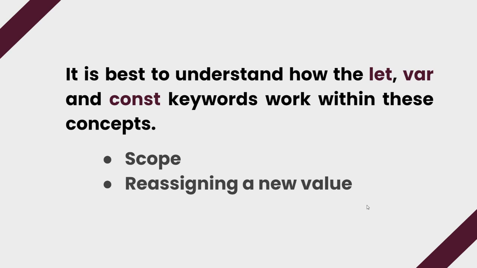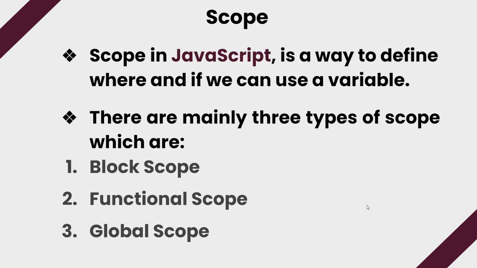So for the first section, we have the scope. What is the scope? The scope in JavaScript is a way to define where and if we can use a variable. So throughout the demo we've been doing in the previous sections of today's class, we've actually been making use of the global scope, which is why what we've been printing out actually works anywhere.